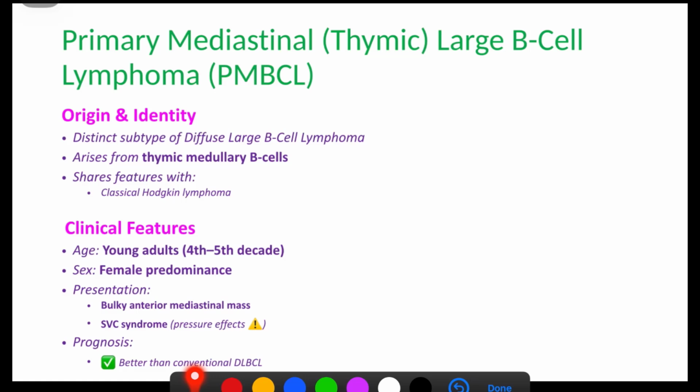It shares features with classical Hodgkin's lymphoma, and young adults are mostly affected, like 4th to 5th decade. Female predominance, and mostly the patient presents with an anterior mediastinal bulky mass which shows pressure effect, and prognosis is better than conventional DLBCL.